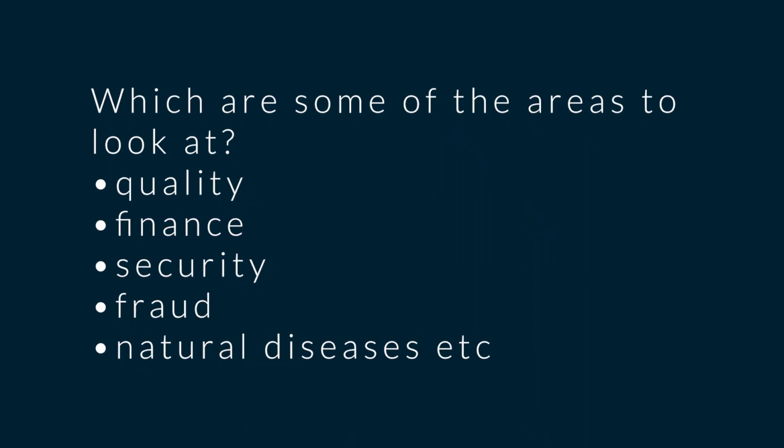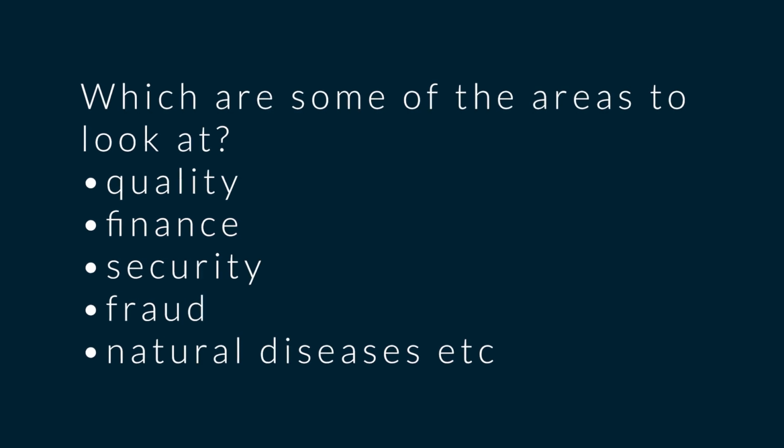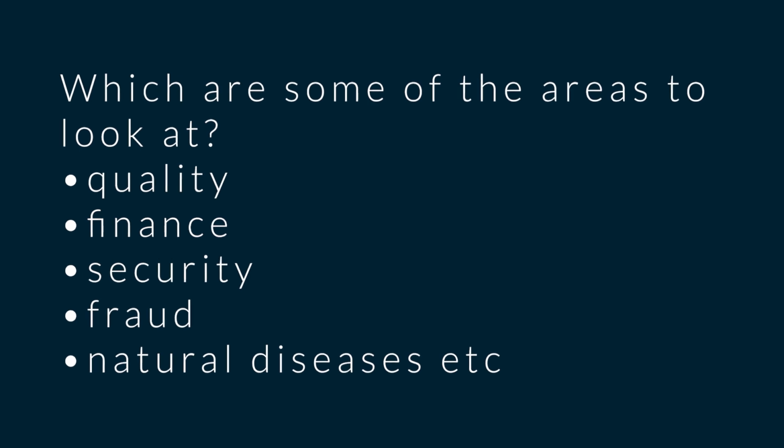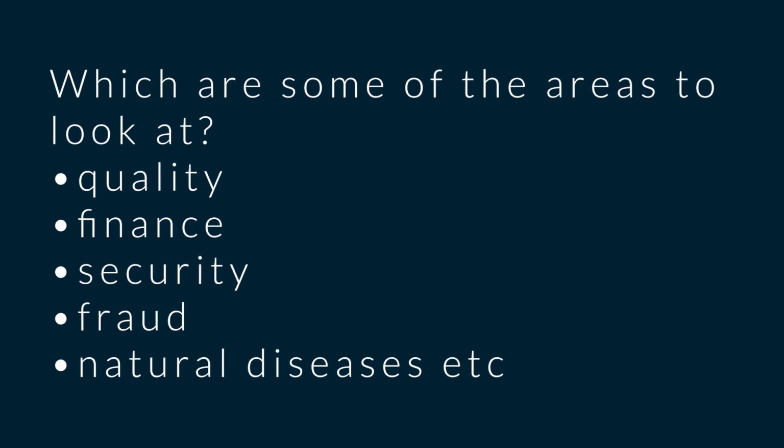You don't just look around you and think, yeah, well, we are good. The taxes are for those people. Those government policies are still going to finally get to you. So when you're looking at those areas, some of the things you look out for will include quality, finance, security, fraud, natural diseases, and in some cases, even a merger, like some organizations merging. That can still affect you.